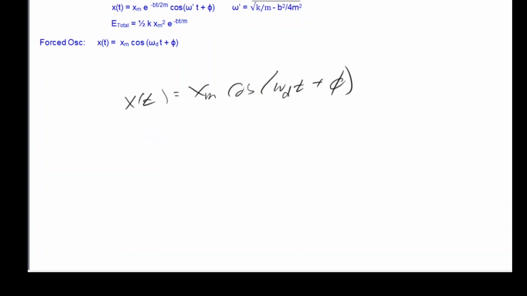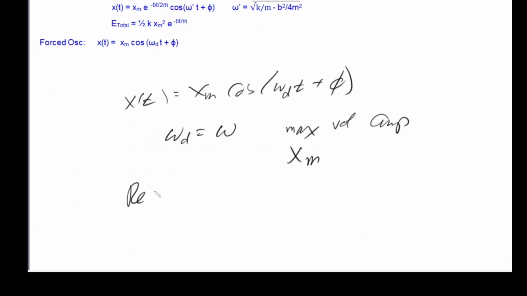Now, with forced or driven oscillations, we find that when omega sub d equals the natural frequency, we get the maximum velocity amplitude and the maximum amplitude of displacement.